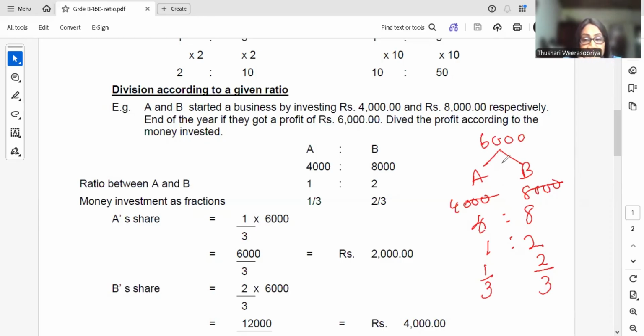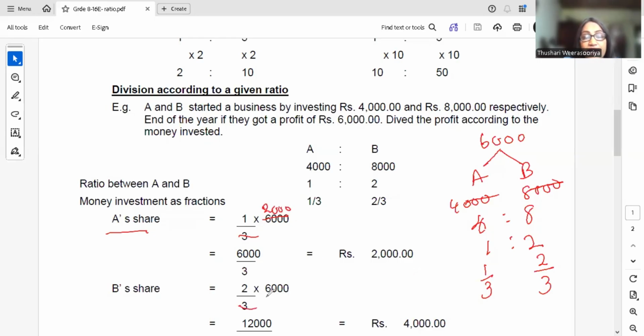Then you divide this 6,000 according to this ratio, 1 is to 2. What is A's share? We found A's fraction and B's fraction. Then it's easy. Look at this. To find A's share, you multiply 1 over 3 by 6,000. 3 times you can cancel. 3 times 2, that is 2000.